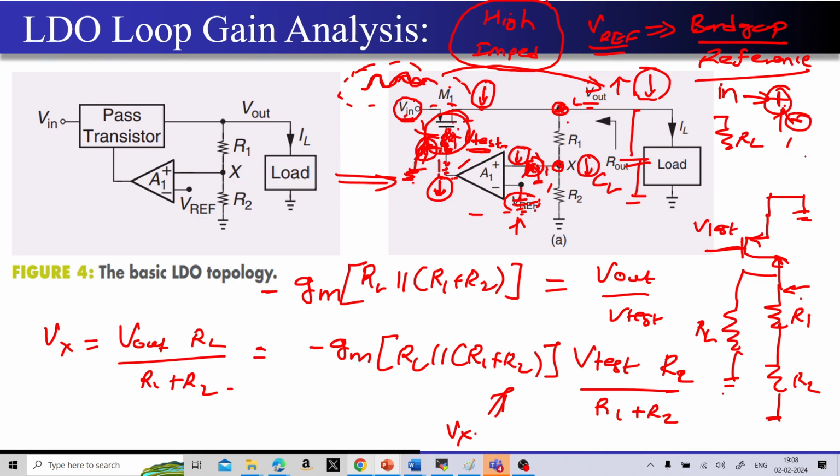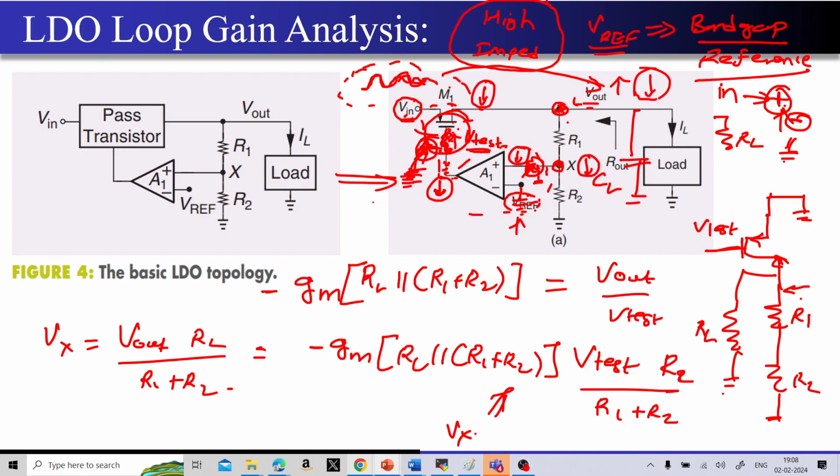That's it. Okay, so that point I got. My doubt was that if we open the loop at this positive terminal of the op amp, then the positive terminal of the op amp will get shorted, or the X terminal of R1 and R2 will get shorted. The output terminal of the op amp that you are seeing over here, this is where I shorted it completely.